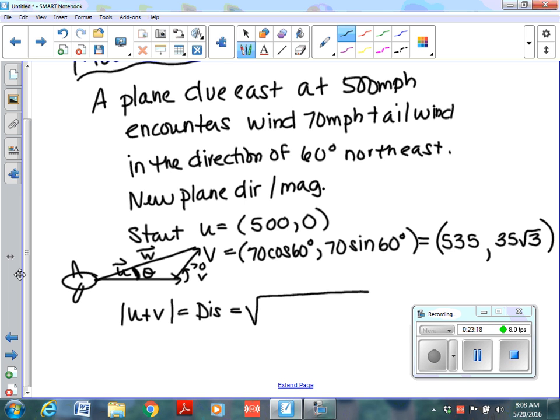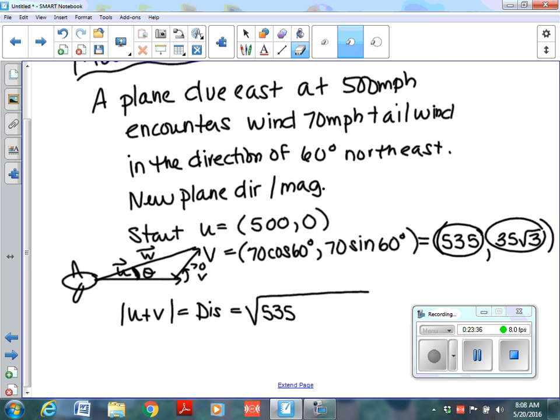Because to find the distance of u plus v is basically the distance of where it's changed already. So we're just going to take these two and square them. We're really just finding the vector v, which is the new one. 535 squared plus 35 square root of 3 squared.